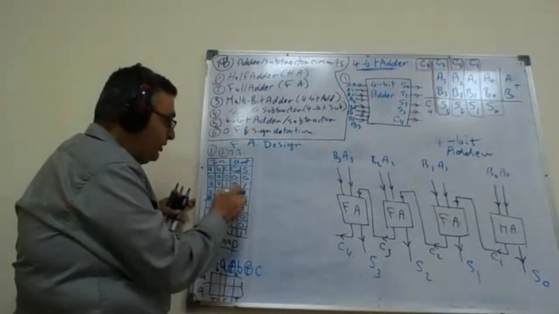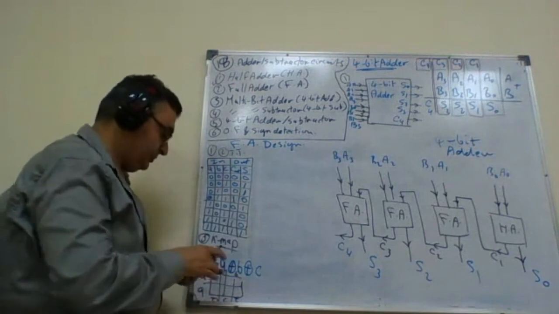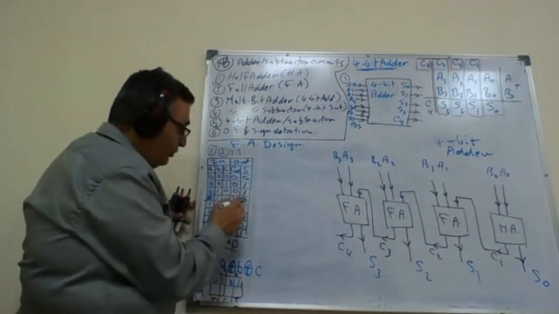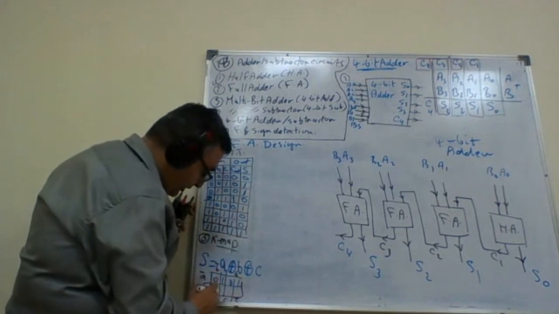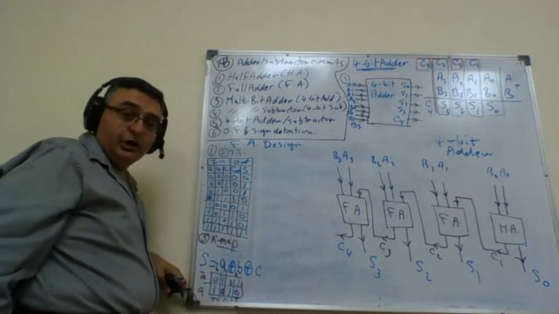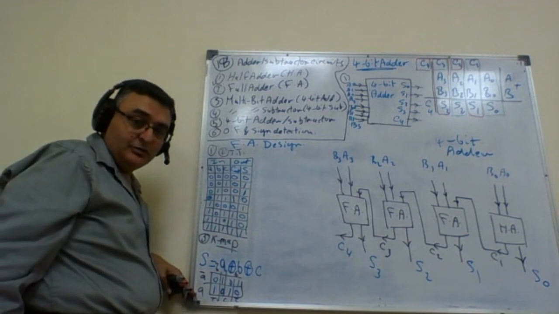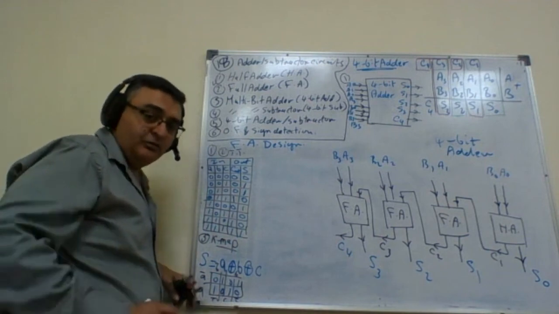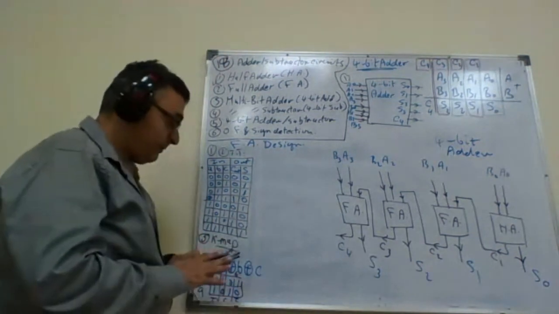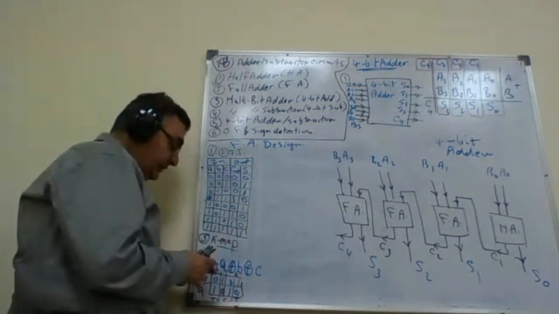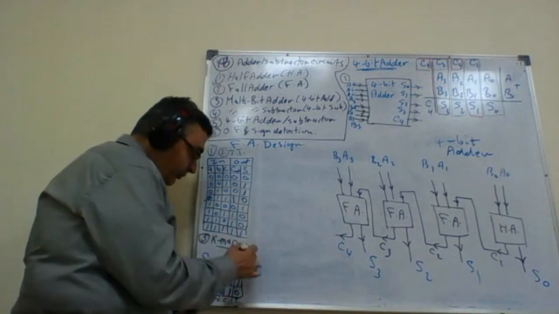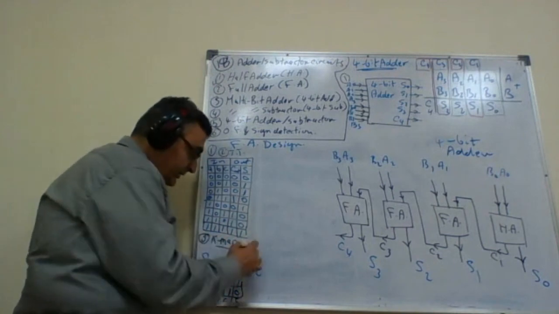So it is 0, 1, 1, 0, then 1, 0, 0, 1. If you closely review this K-map, you will find it's exactly a K-map for an XOR. Okay? Fine.